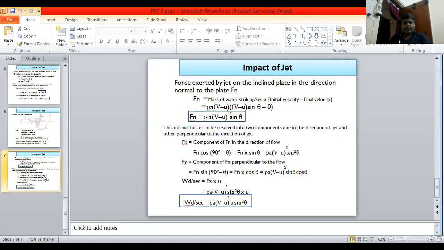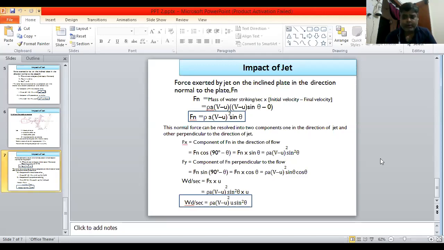That means rho a (v minus u) squared sin squared theta into u. Hence the final equation of work done per second is rho a (v minus u) squared u into sin squared theta. This is the work done per second of the jet.